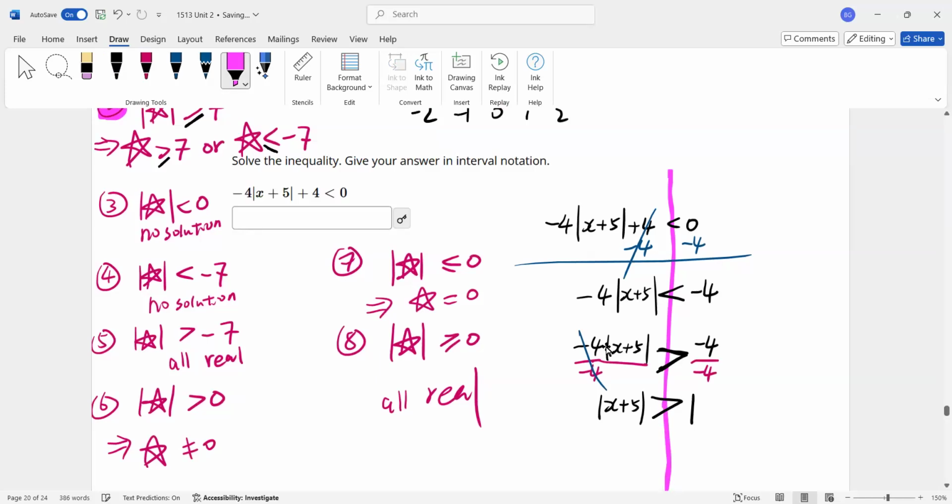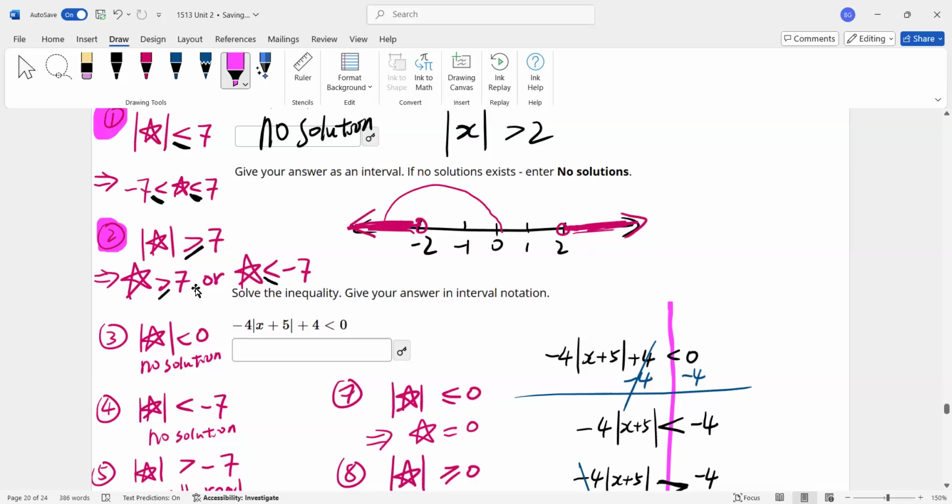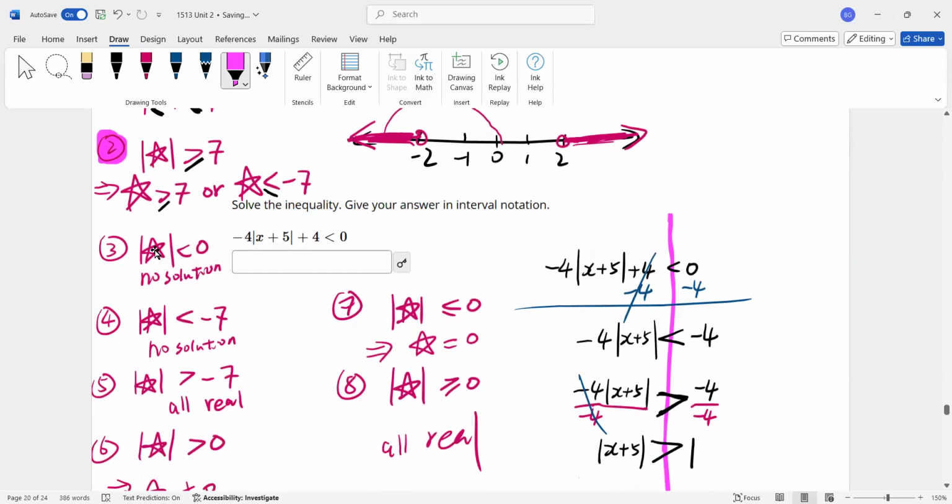Okay. So now you have absolute value of x plus 5 bigger than 1. Look at the first two types. Which type? Type 1 or type 2? We have absolute value of x plus 5 bigger than 1. Number 2.